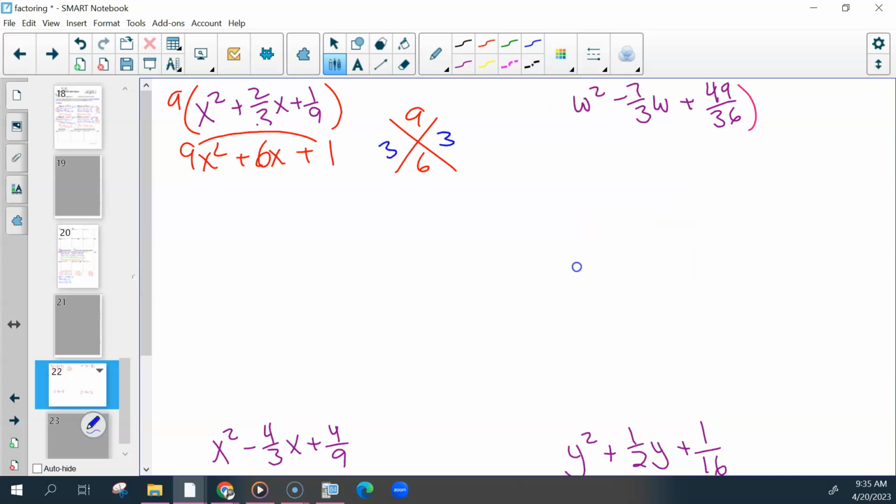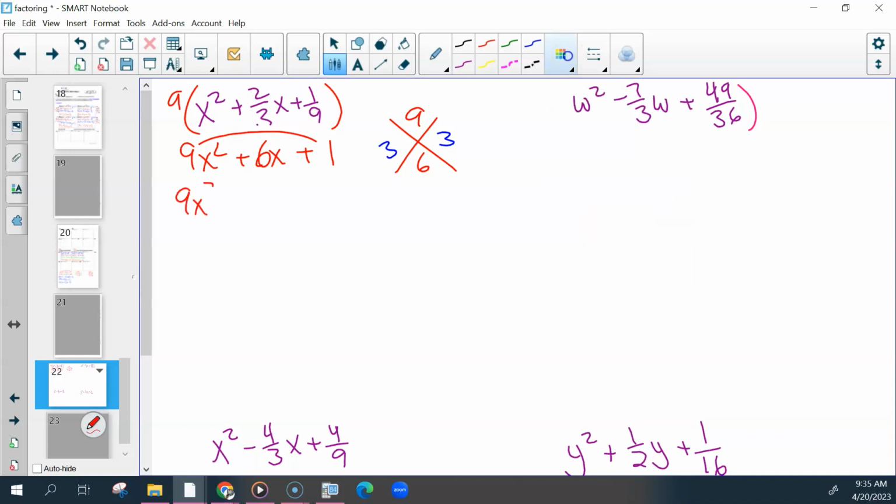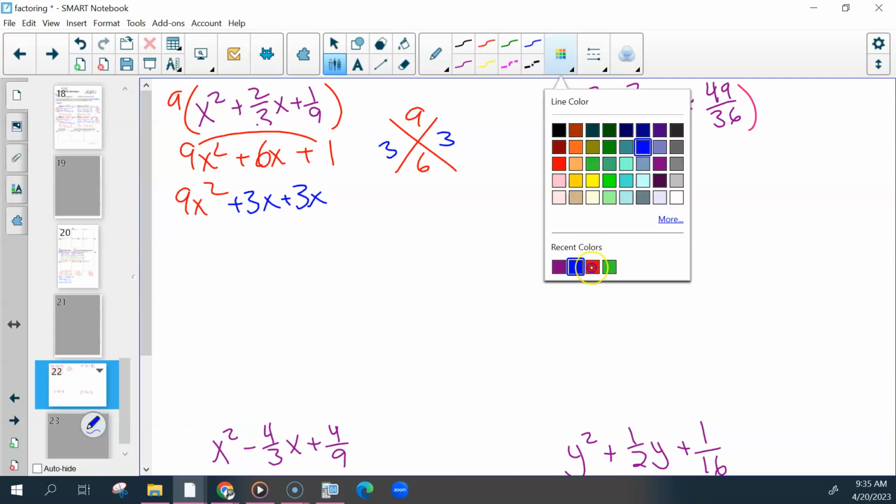So then rewrite this: 9x squared plus 3x plus 3x plus 1.